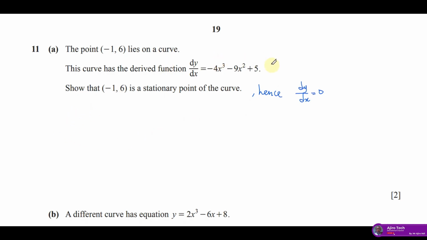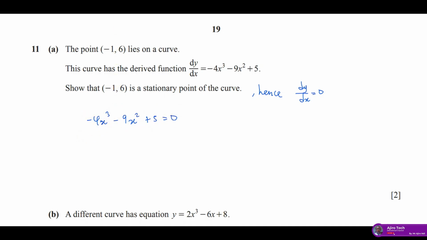So I've got x already, so just equal to 0: -4x cubed minus 9x squared plus 5, when x is 0, equal to 0, I mean.